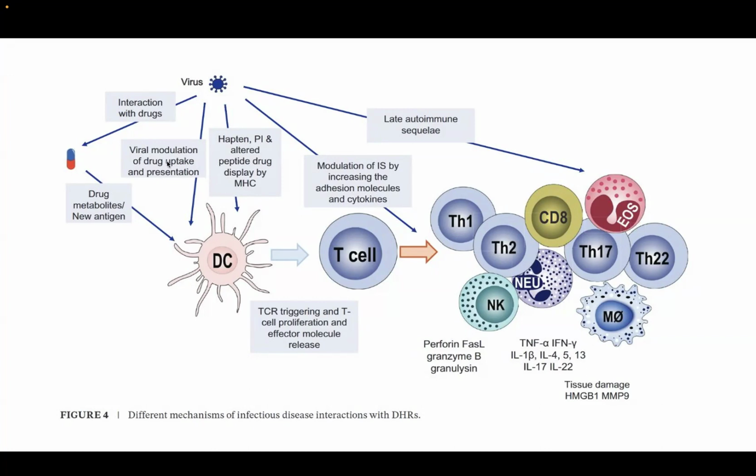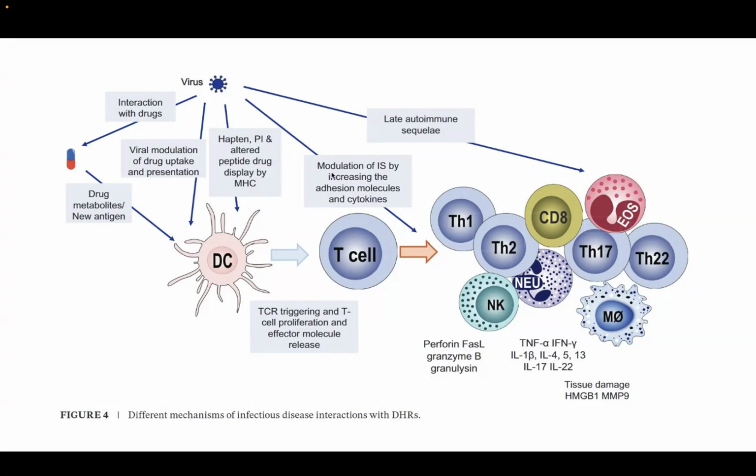Or the virus might cause modulation of the drug uptake and presentation, again via dendritic cells or antigen presenting cells. Virus also can affect PI and altered peptide. So the three mechanisms that the drug can cause a delayed reaction can be more pronounced when the virus is there.